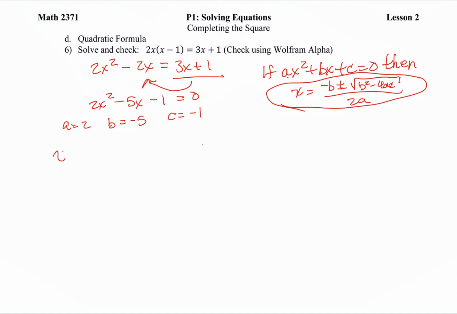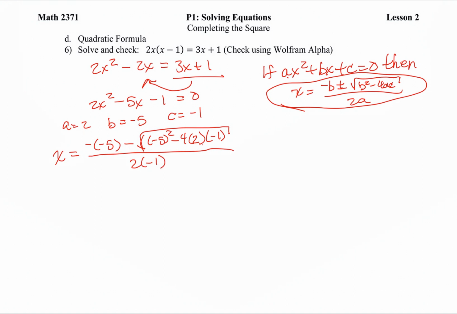Okay, so x equals negative negative 5 plus or minus the square root of negative 5 squared minus 4 times 2 times negative 1 all over 2 times 2.